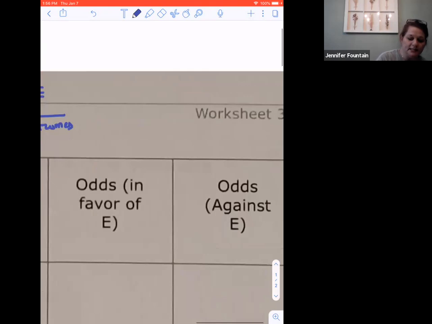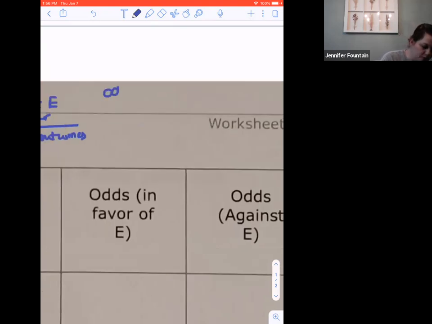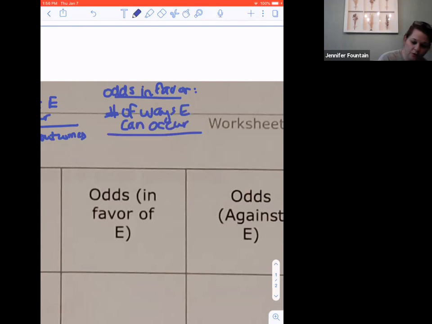When we do odds in favor, my odds in favor is the number of ways E can occur over the number of ways E cannot occur.